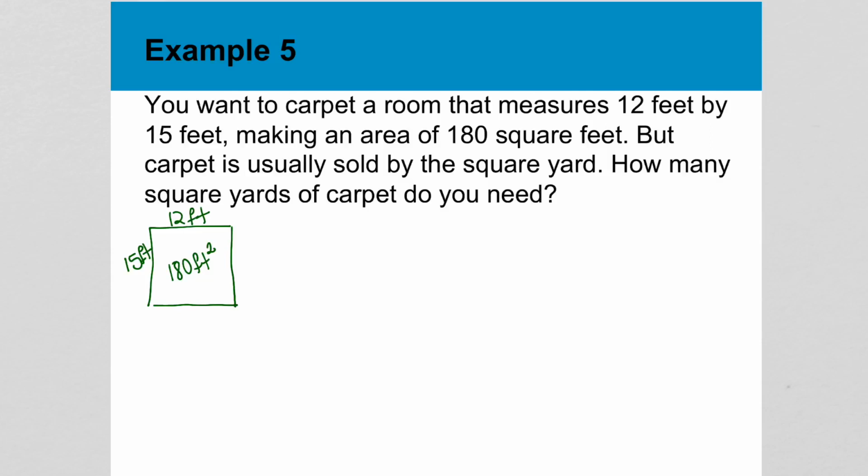Okay? So we're trying to go from 180 square feet to square yards. And we just discovered that our conversion factor for this is that 1 yard squared is equal to 9 feet squared.